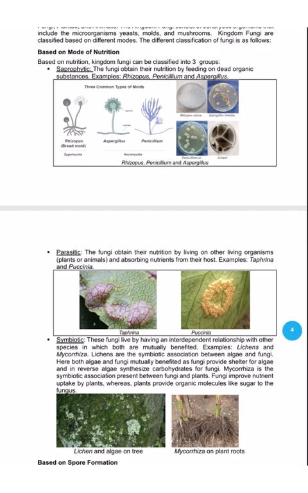If we speak about the mode of nutrition, then we have three groups of fungi. The first one is the saprophytic, and when we say saprophytic, these are the fungi that feed or live on dead organic substances.